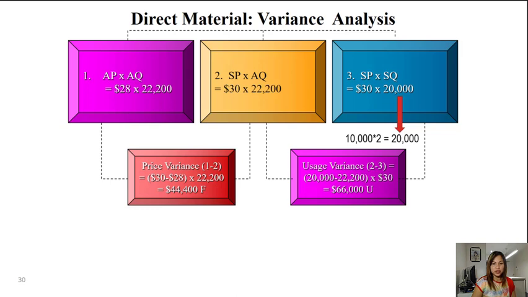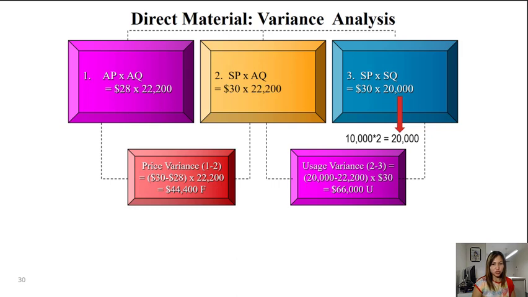Then the use variance is 20,000 minus 22,200 square meters of cloth times $30, equal to 66,000 unfavorable.